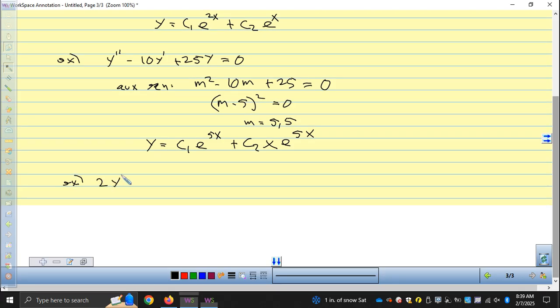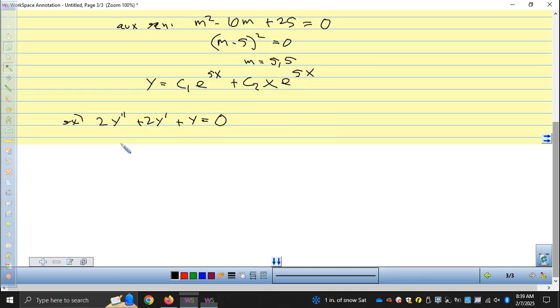2y double prime plus 2y prime plus y equals 0. Our auxiliary equation is 2m squared plus 2m plus 1 equals 0. This one does not factor, unfortunately. So quadratic formula.